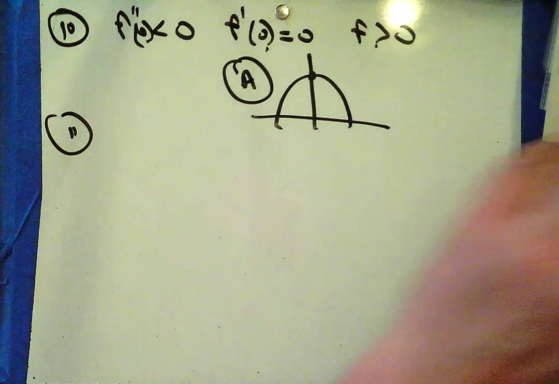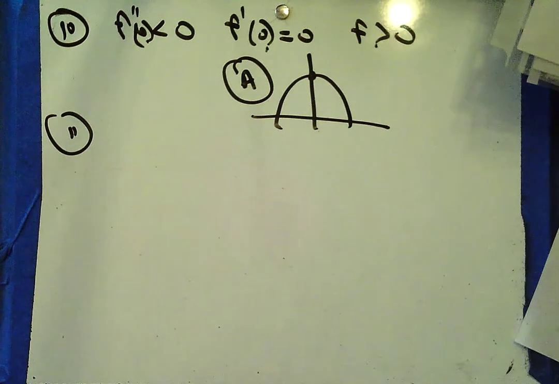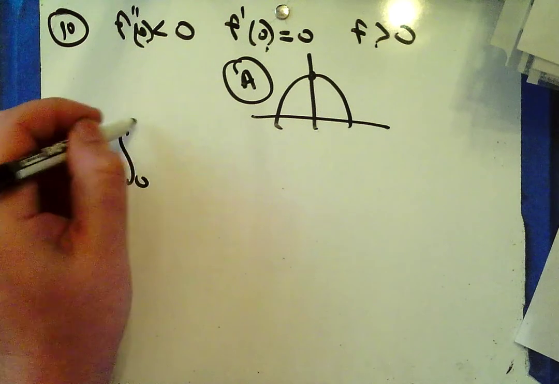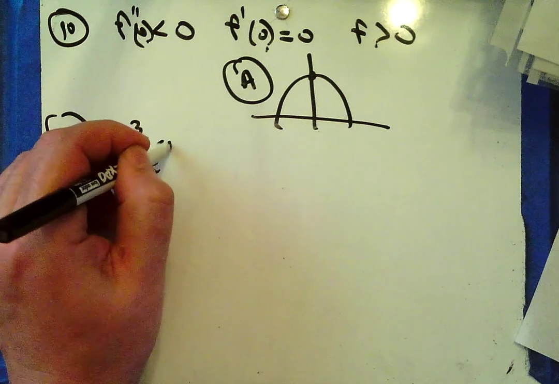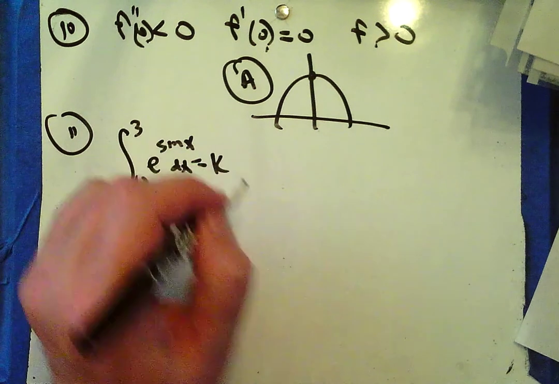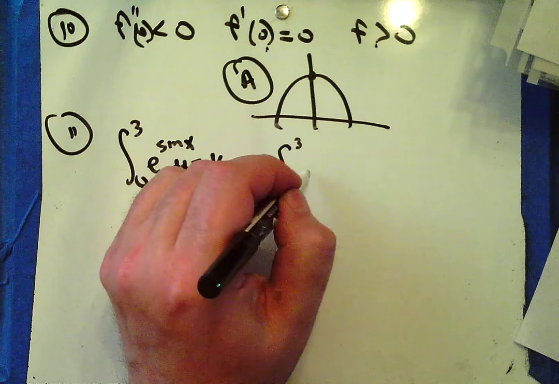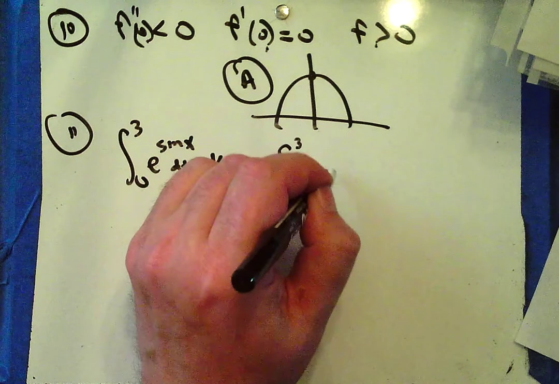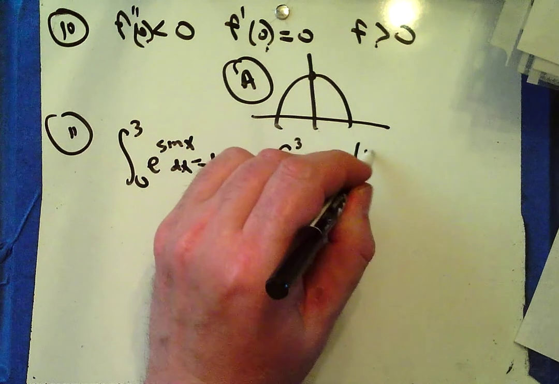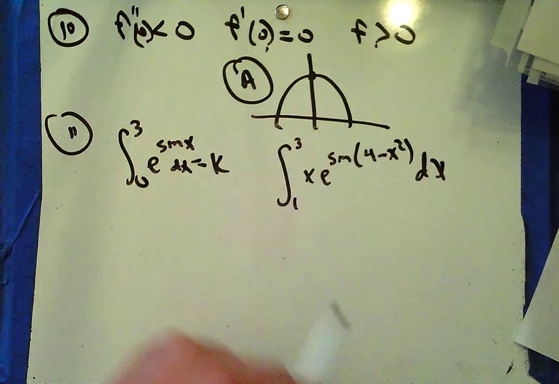Number 11. 11 says the integral from 0 to 3 of e to the sine x dx equals k. What do we know about the integral from 1 to 3 of x e to the sine of 4 minus x squared dx? Well, don't freak out.